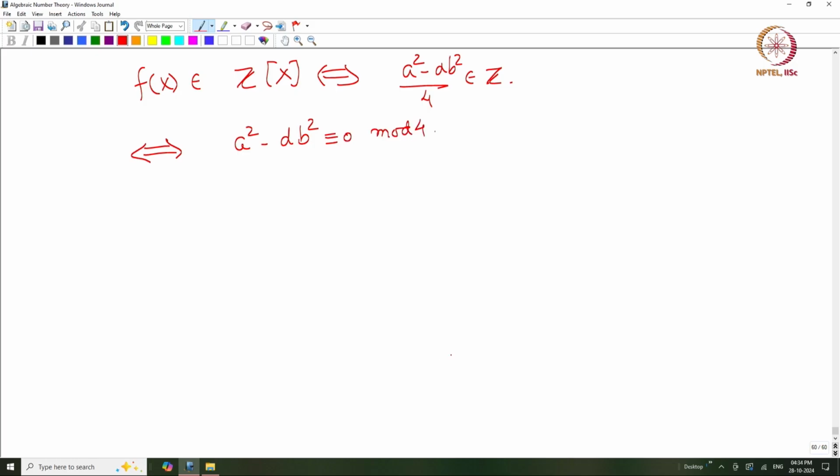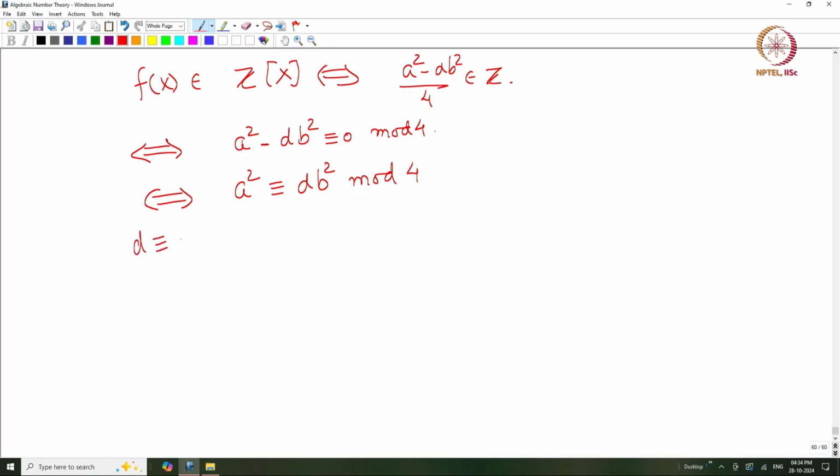And this happens. So, what does this mean? This is if and only if a squared is congruent to d times b squared mod 4, right. And I know that d is not 0 mod 4 because d is square free. Okay. So, what are the possibilities for d?